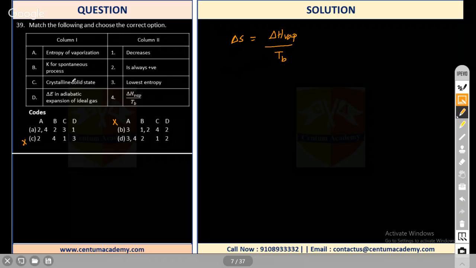It is the ordered arrangement we have. Crystalline substances will have an ordered arrangement, so it always has the lowest entropy, because the confusion is whether it is 3 or 1, right? So C can be 3, which is the lowest entropy. So hence the answer will be option A, right? So all of you have got the right answer. I think yes, all of you have got A only. Next question, you see.